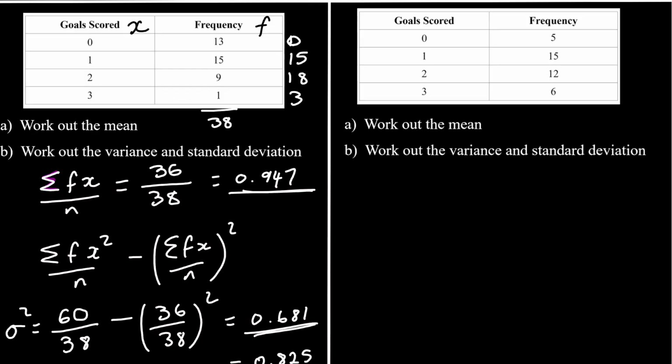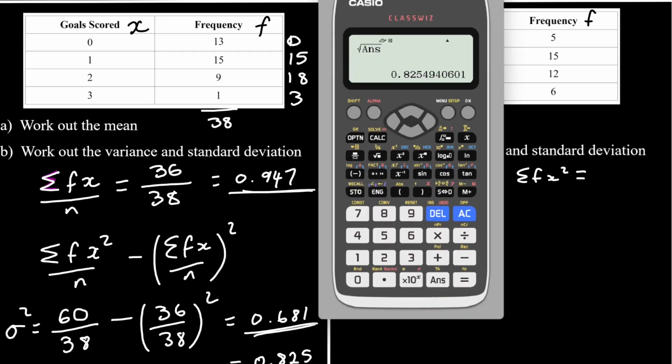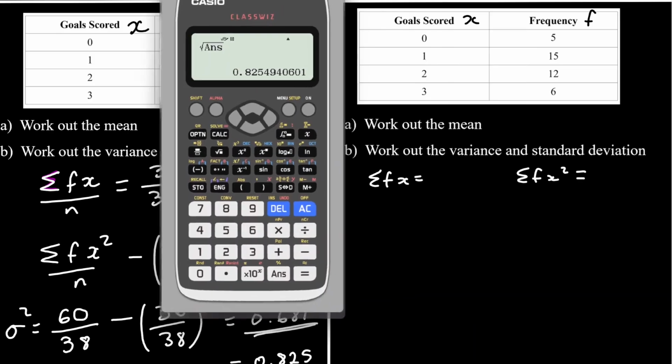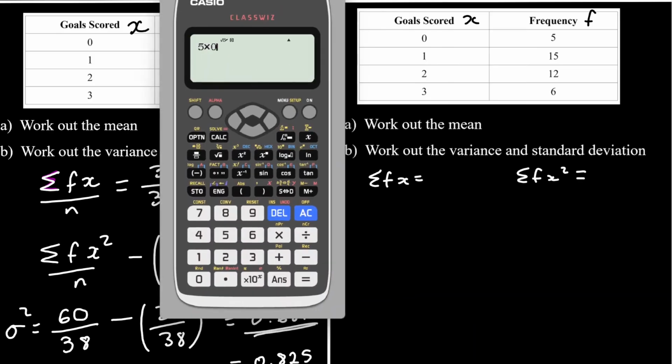One for you to try. See if you can give it a go. So again, we've got our x and our f. Let's work out the sum of fx and the sum of fx squared. The sum of f times x is 5 zeros plus 15 ones plus 12 twos plus 6 threes.